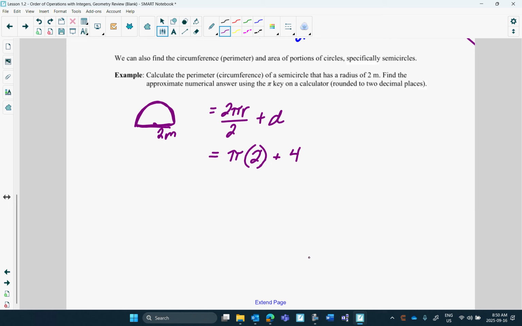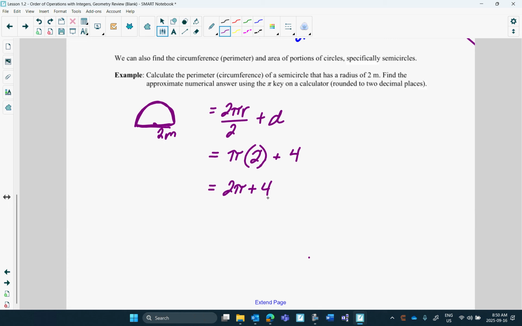Now, if you want to leave it in terms of pi, although it did ask you for the numerical answer, you could stop there and just put 2 pi plus 4 meters. You can't add the 2 pi and the 4. You could only put them together if they both had pi's.